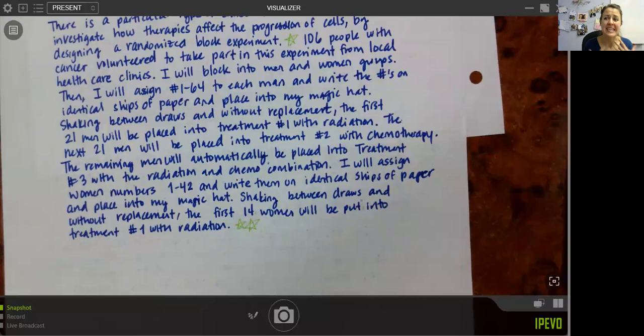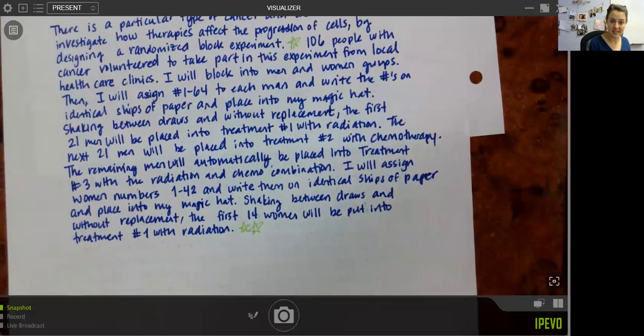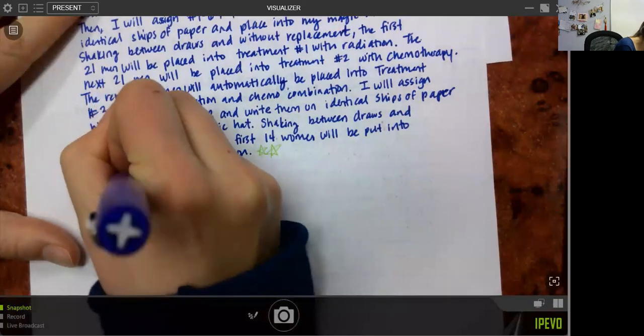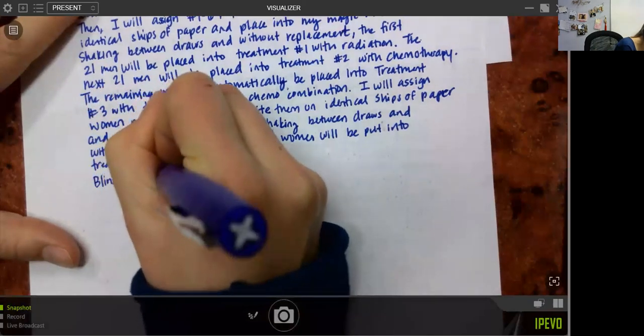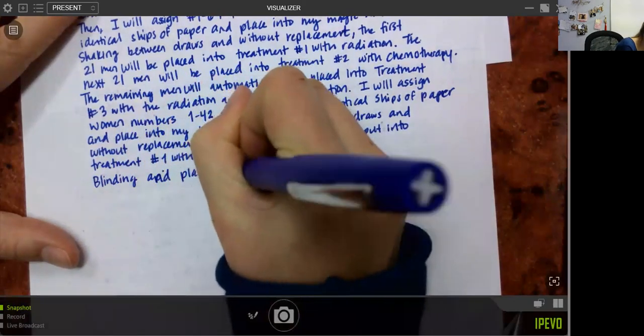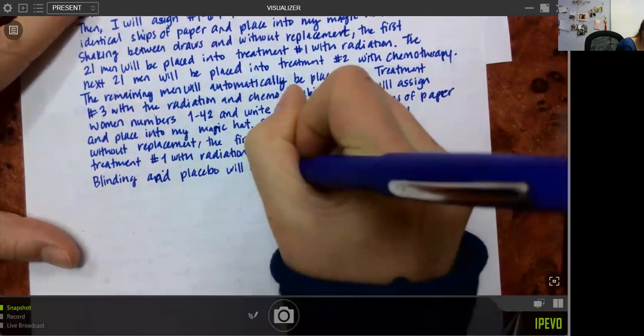I really feel like we need to give them something because they're suffering from cancer. So giving some of the groups a placebo wouldn't necessarily make sense in this problem. So we can talk about that if we'd like to. So I'm just going to say here, blinding and placebo will not be necessary.